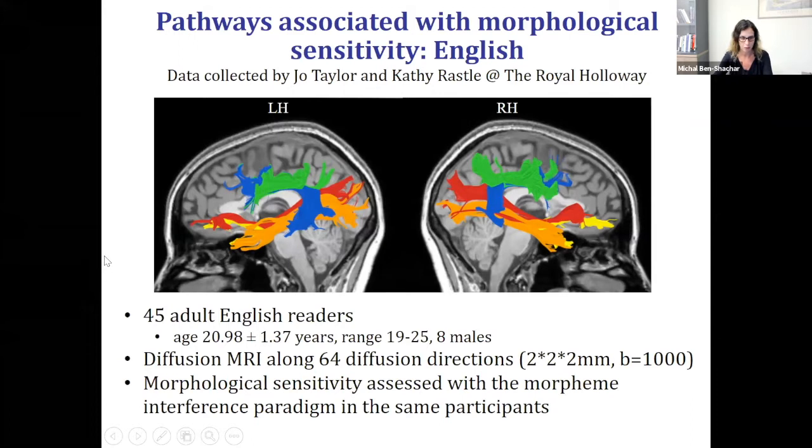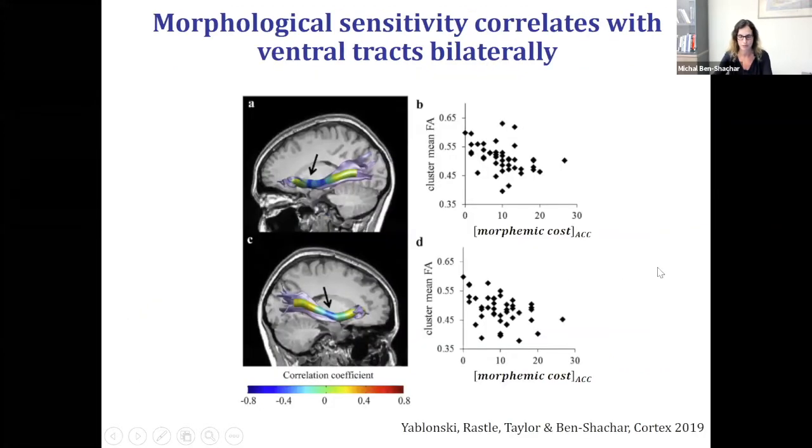And we looked at this data and tried to find if there are any associations between the properties of dorsal and ventral tracts identified in every individual's brain and how sensitive they are to morphological structure. And I wouldn't be telling you the story if there was no relation, but happily we found a significant association between the properties of the ventral pathways bilaterally.